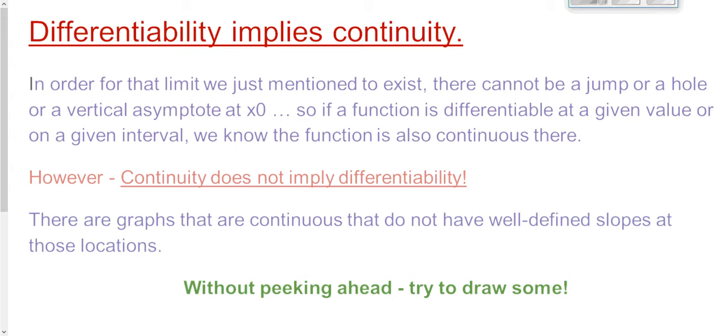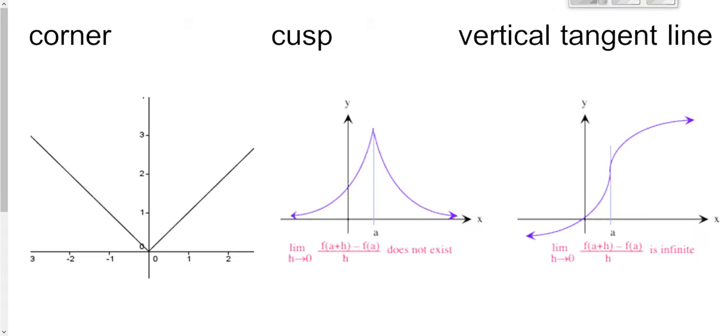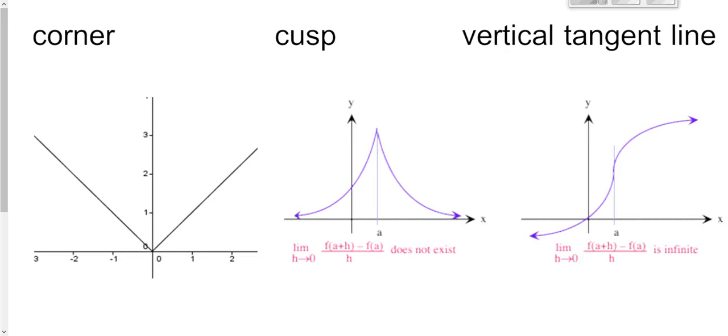Okay, how many pictures do you have? I hope certainly more than one. I have some pre-set up pictures here. A corner is a problem location, a cusp would be a problem location, and a vertical tangent line would be a problem location, as well as anything that lacks continuity. But what I asked you to do is draw things that were continuous but problematic for the derivative existing. A derivative doesn't exist at a corner because we can't well define what a tangent line would look like at this corner.